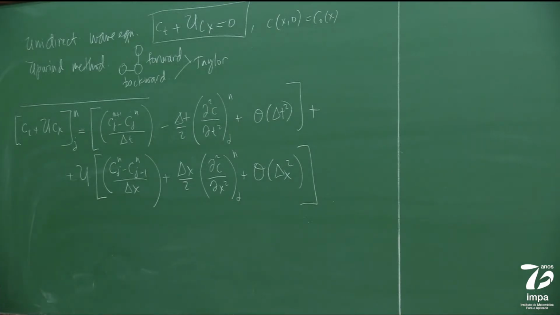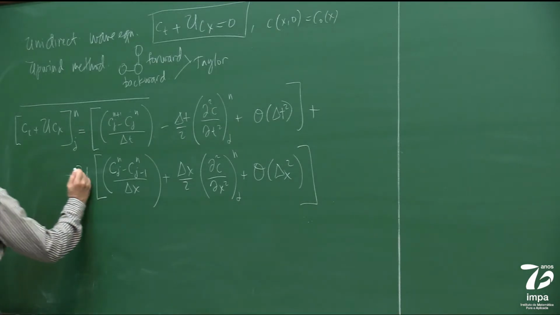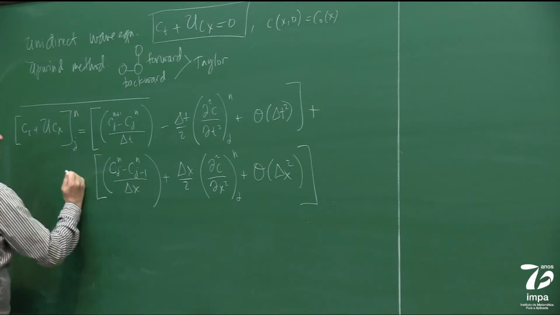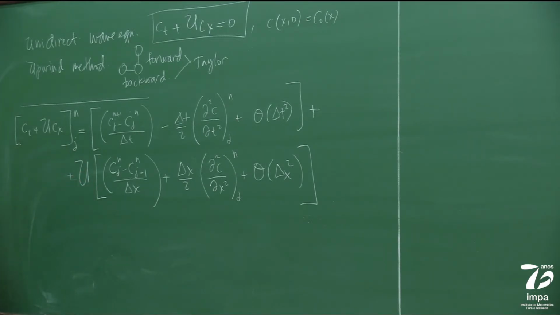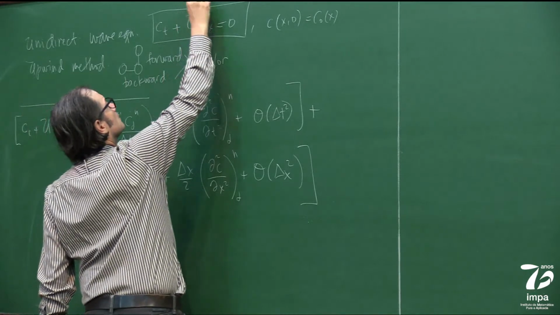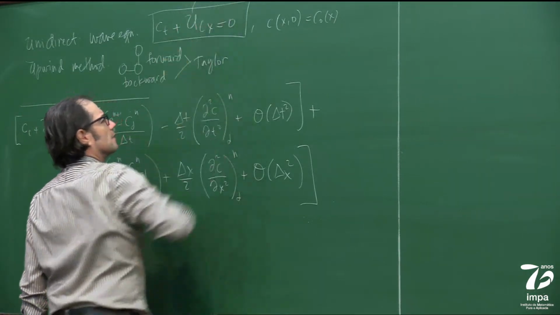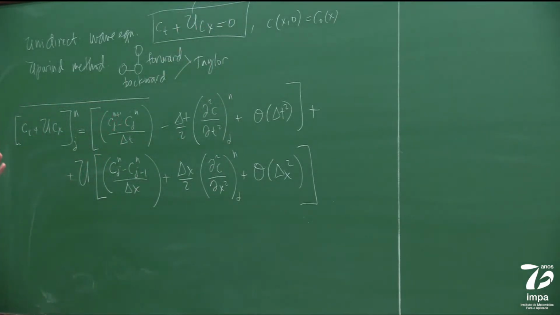Okay, so, excuse me, this is a constant, and put like this, constant positive, which is upwind, right? The wind is blowing left to right.